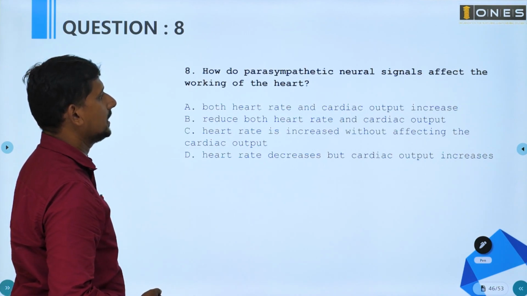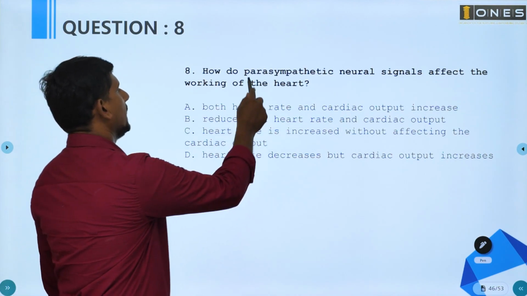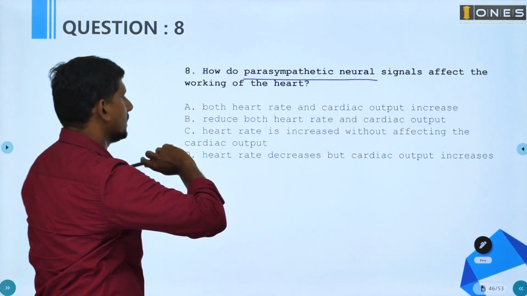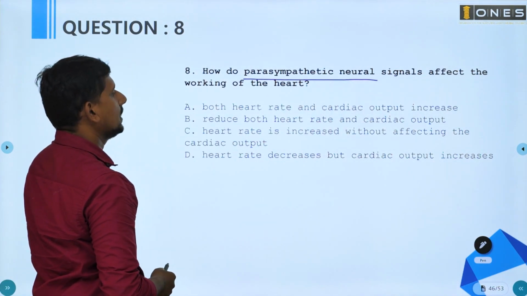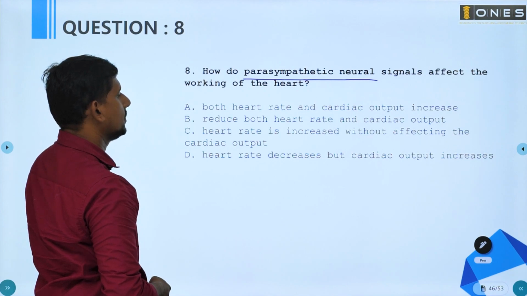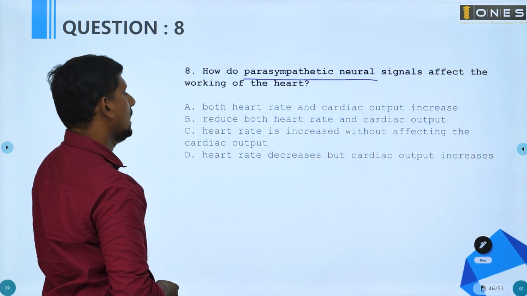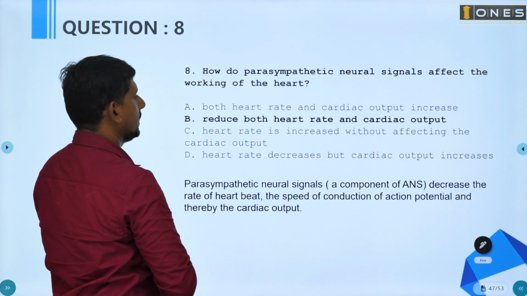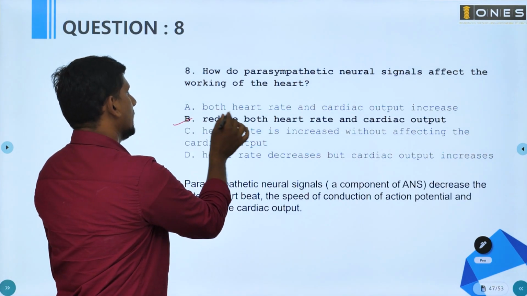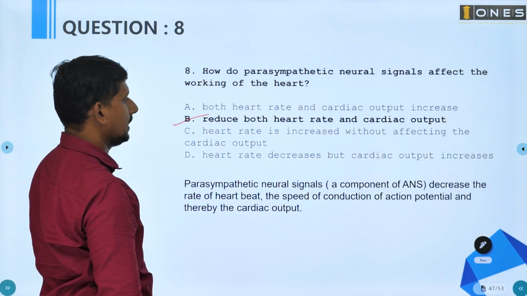How do parasympathetic neural signals affect the working of the heart? The options are: both heart rate and cardiac output increase; both heart rate and cardiac output reduce; heart rate is increased without affecting the cardiac output; heart rate decreases but cardiac output increases. So the right answer is reduced both heart rate and cardiac output.